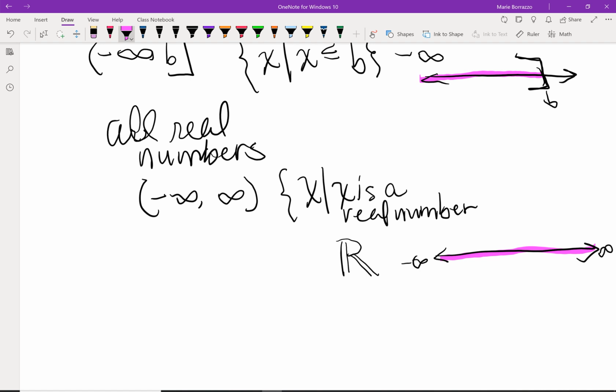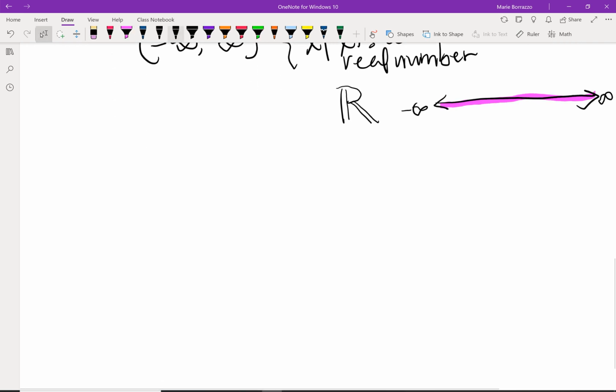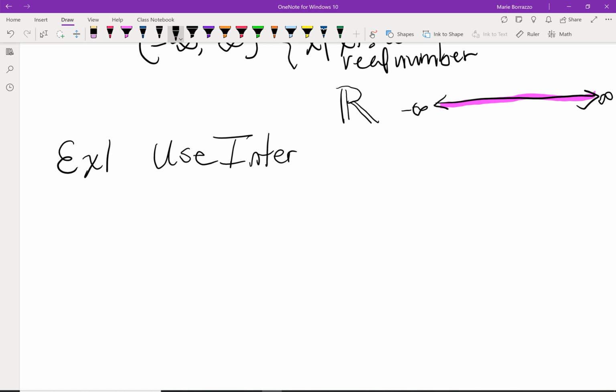So the notation is extremely important to know. Now they start you off really easy on this example. The first thing that they discuss with you is in example 1, they simply ask you to use interval notation, and this is what they're giving you per question.